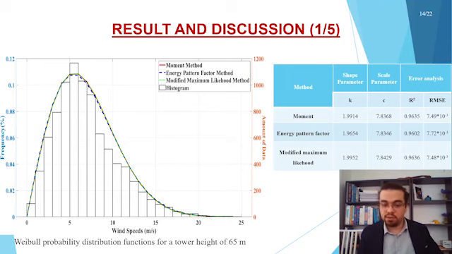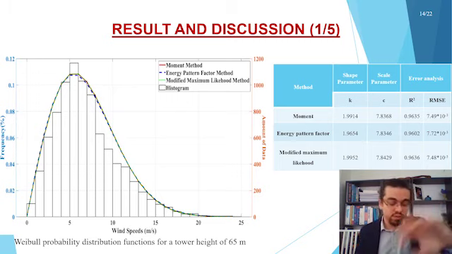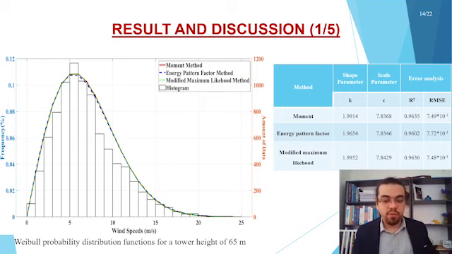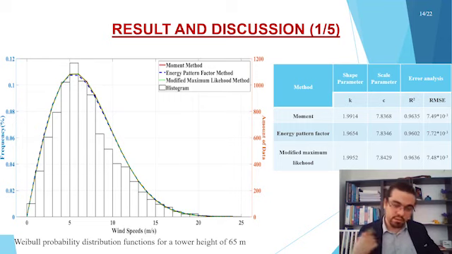As seen here, our three functions almost sit on top of each other, because our wind profile is very smooth, the shape values are close to each other and around 2. And we see a single peak in the distribution. Here the method with the highest R square and lowest RMSE values is the maximum likelihood method for 65 meters.